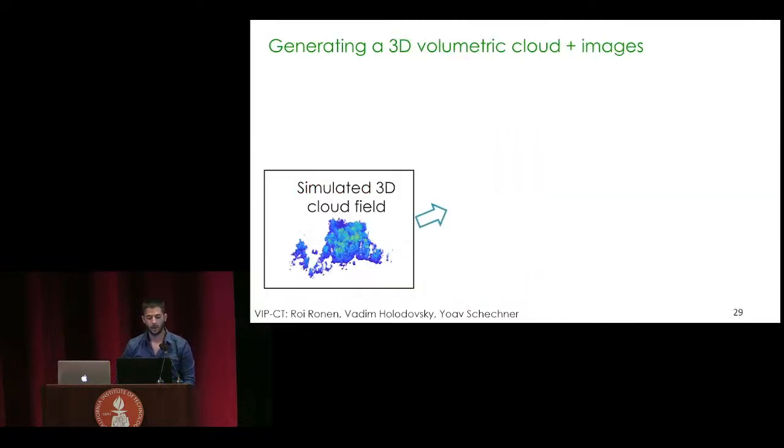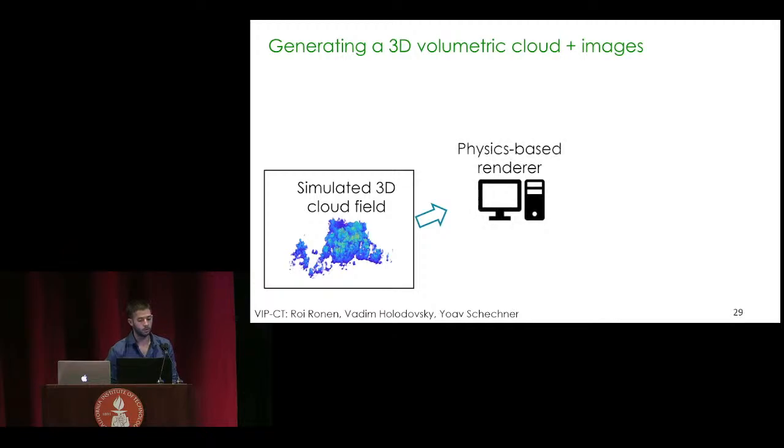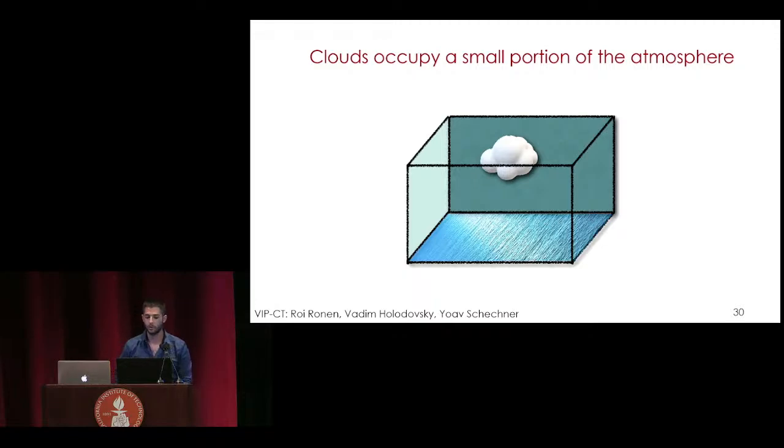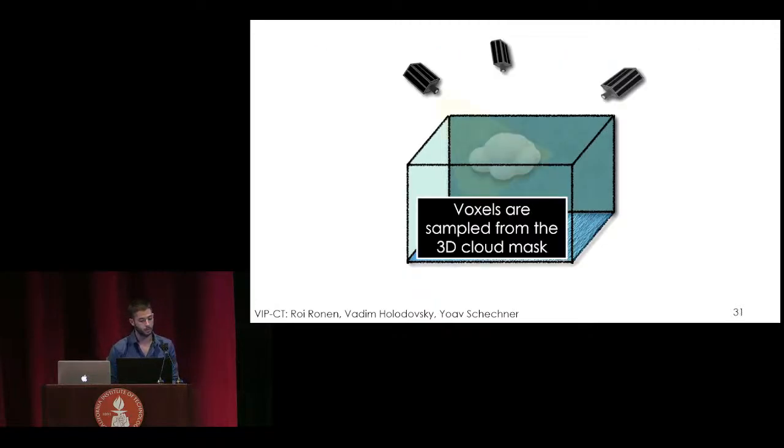Then, we render images of the ground truth clouds using a physics-based radiative transfer solver. This yields labeled 3D clouds and corresponding multi-view images. To make it more efficient, VIPCT focuses only on cloud voxels, which reside in a 3D cloud mask obtained by space carving.